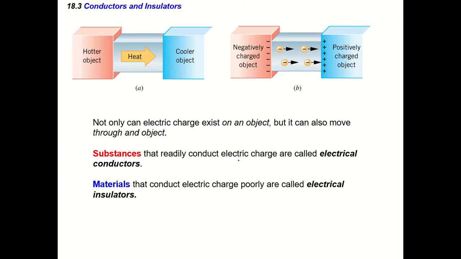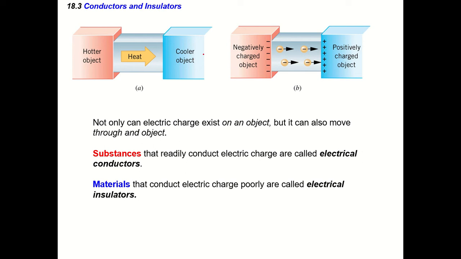Okay, so another way of explaining these charges, positively and negatively charged, is something like this, when we talk of conductors and insulators. So the analogy is something like this. We have here a hotter object, and we have here a colder object. So the heat normally transfers from hot to colder object.